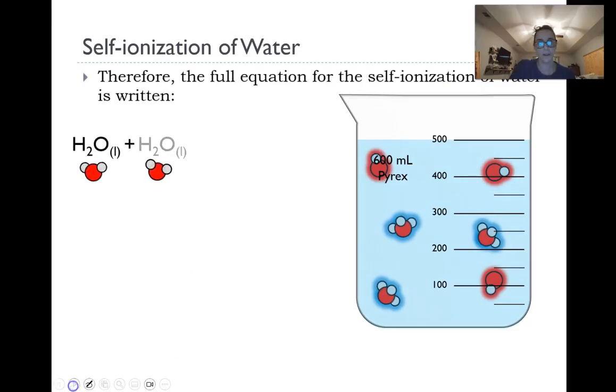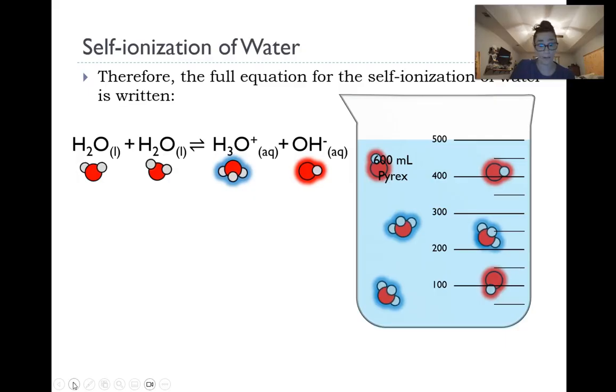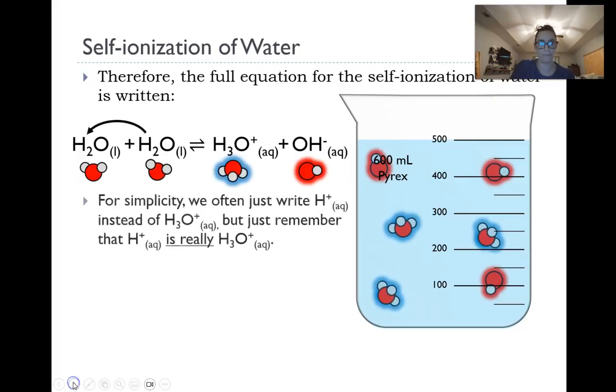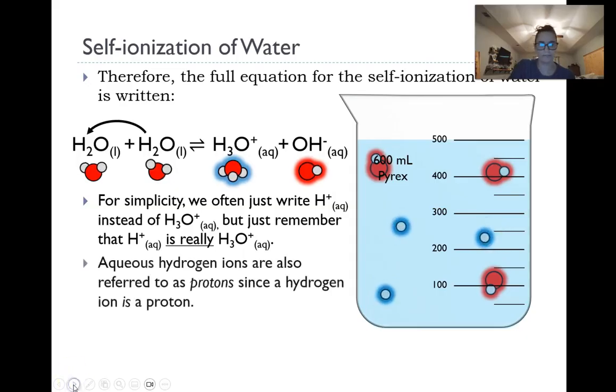Therefore, the full equation for the self-ionization of water is water combining with itself to make hydronium and hydroxide. And again, one of them is acting as an acid, one of them is acting as a base. For simplicity, we often just write H+, but remember, H+ is really H3O+. Those hydrogen ions are referred to as protons, and don't forget, a hydrogen ion is just one proton.